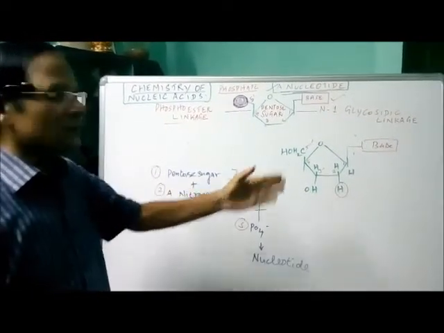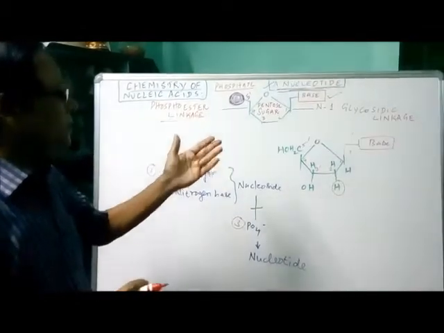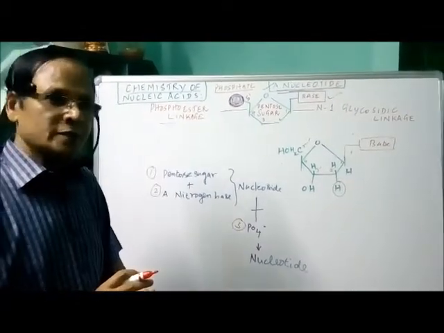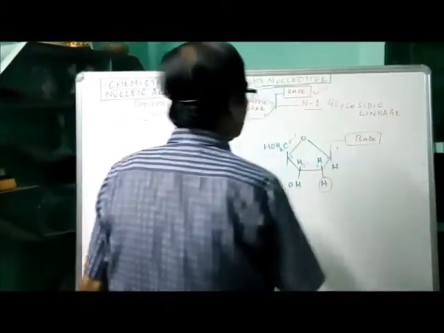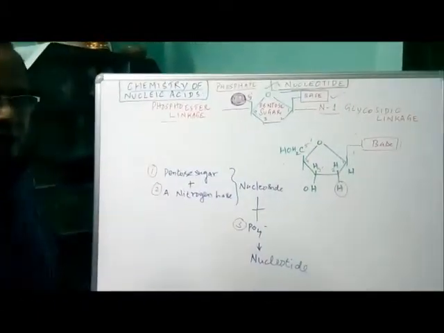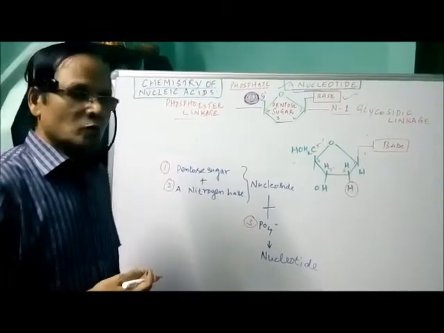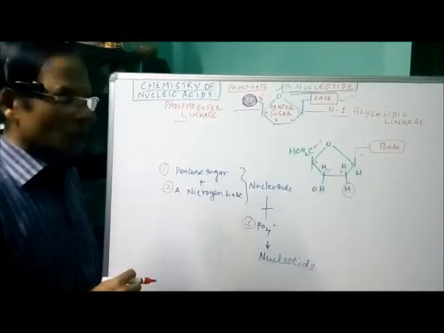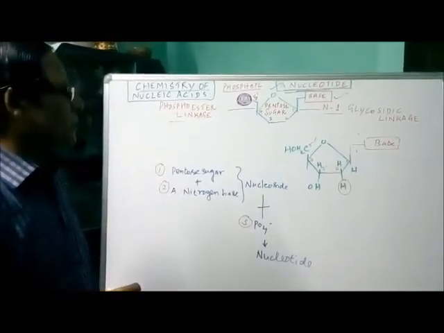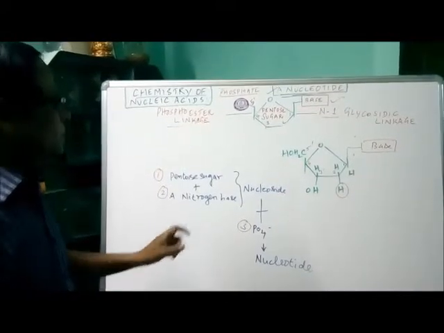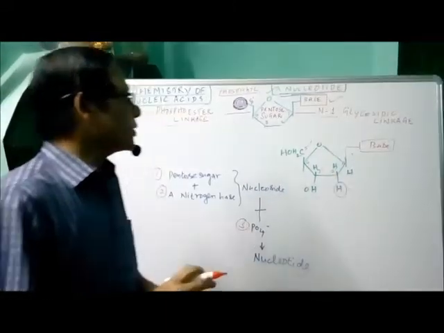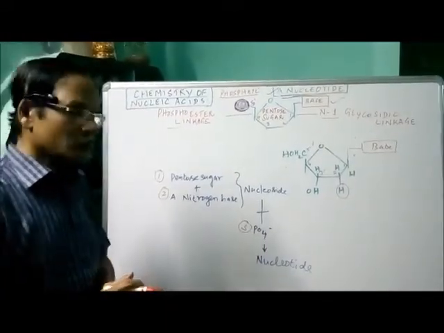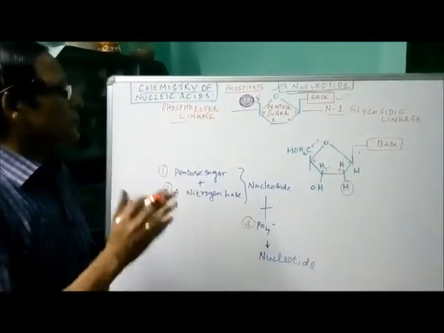As it is connected to the first carbon and also the NH group of the nitrogen base, it is called N1 glycosidic linkage. So the linkage is between the hydroxyl group and the hydrogen. The base is connected to the first carbon of the pentose sugar, that is deoxyribose sugar in DNA, by means of a linkage.